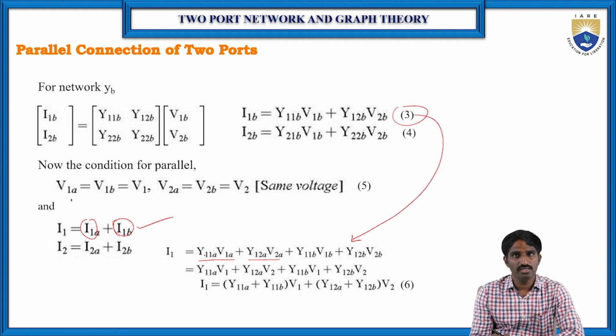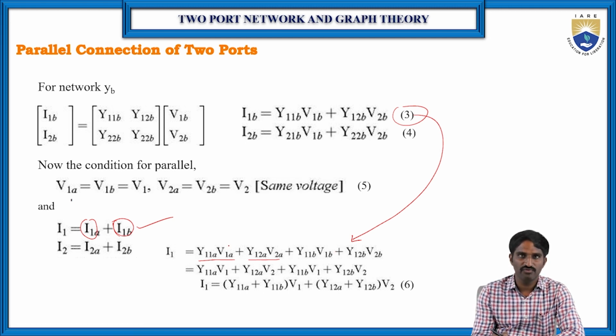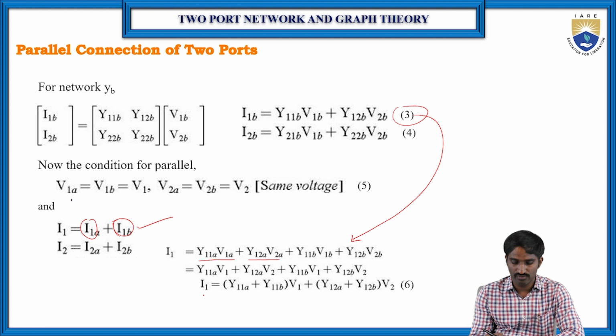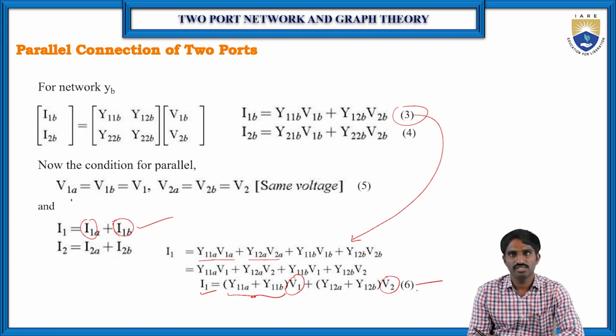The currents I1 and I2 are for the resultant network, and the voltages are V1 and V2, so we should write I1 and I2 in terms of V1 and V2. Simplifying, I1 is equal to (Y11A plus Y11B) into V1, plus (Y12A plus Y12B) into V2. Let us consider this as equation number 6.